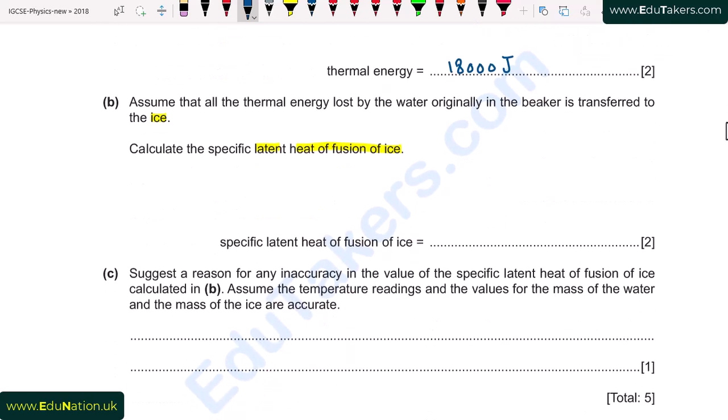So I write here energy is equal to m L_F, where E is energy, m is mass and L_F is specific latent heat of fusion. We have to solve this for ice because we have to find out the specific latent heat of fusion of ice.